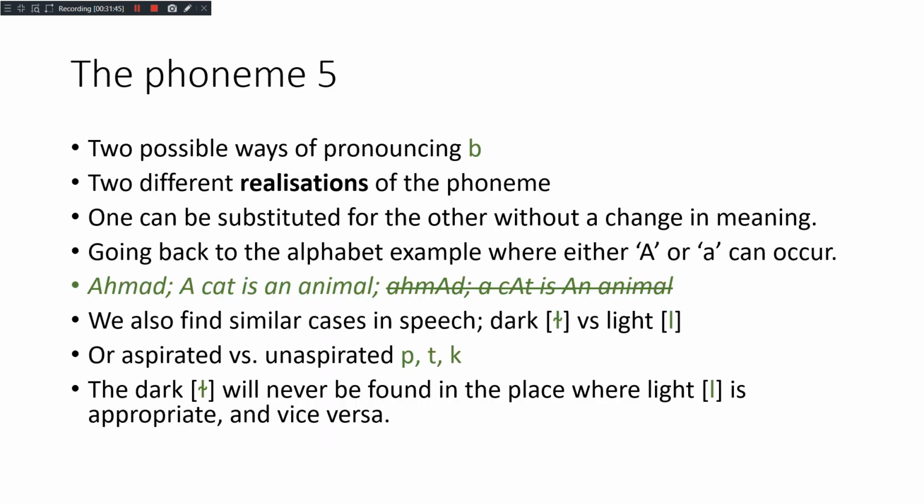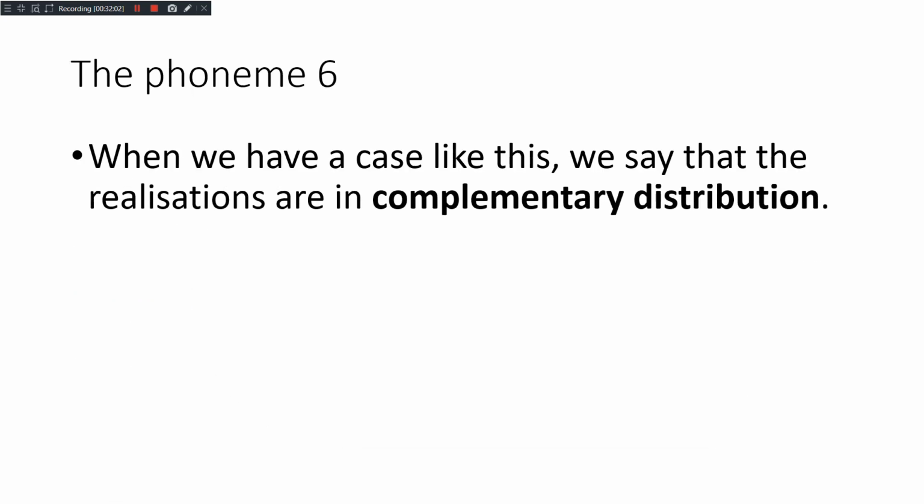Again, the dark L is an allophone, the light L is another allophone. They're allophones of the phoneme L, the abstract sound, the pure sound that we have in our minds.